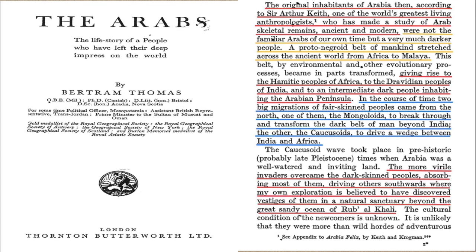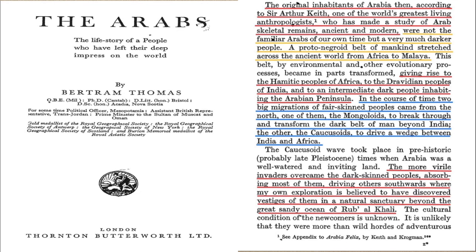The Proto-Negroid belt of mankind stretched across the ancient world from Africa to Malaysia, giving rise to the Hamitic peoples of Africa, to the Dravidian peoples of India, and to the intermediate dark people inhabiting the Arabian Peninsula. So Arabia was once extremely dark-skinned. It had a more African look to them. But things changed when the fair people came in.